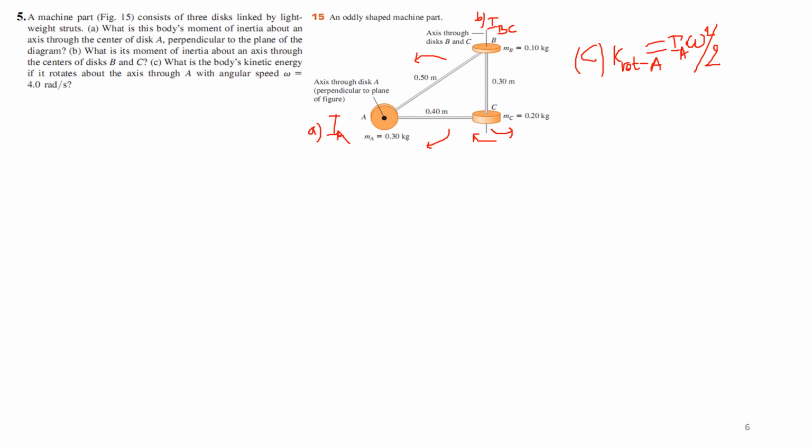And we are given that the angular velocity equals 4 radians per second.